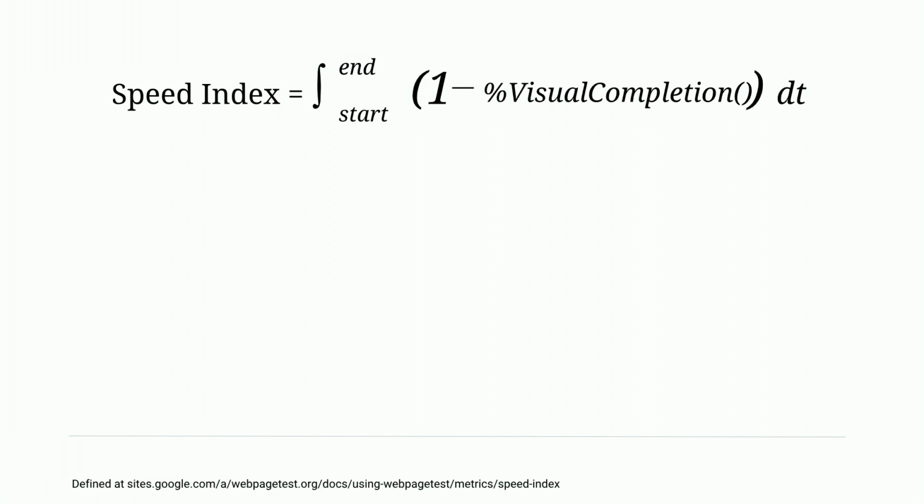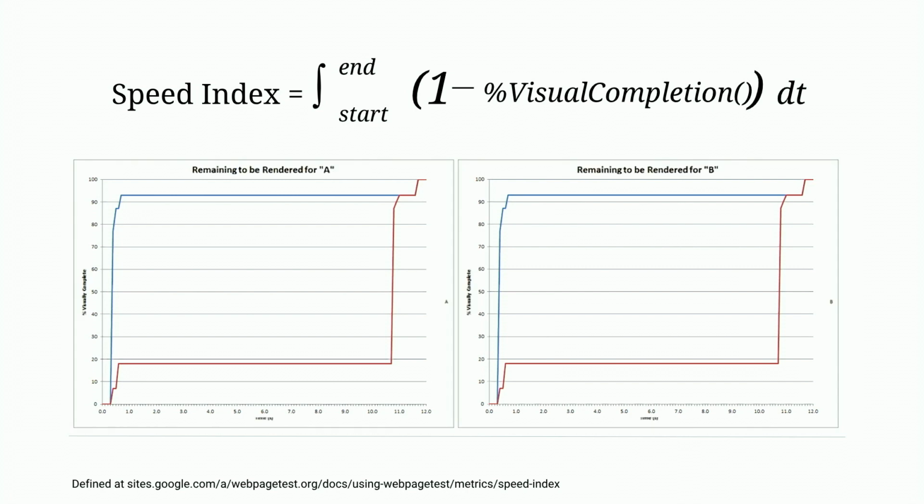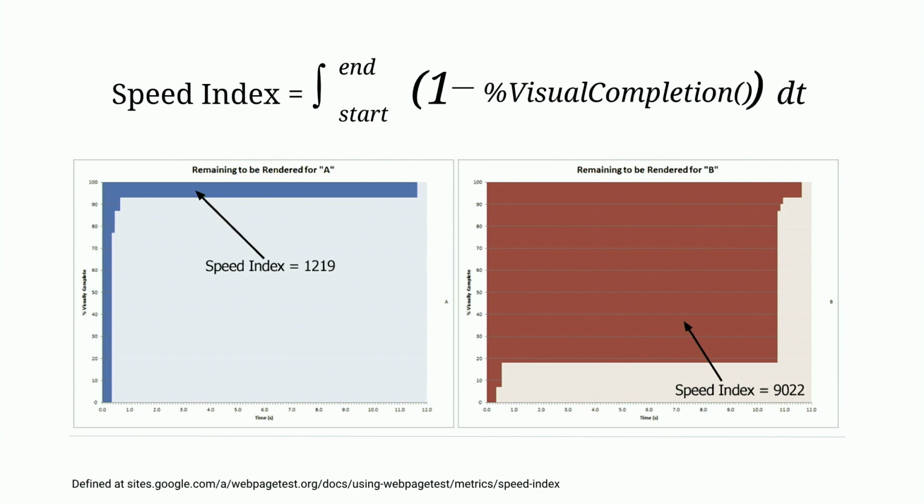This looks daunting, but it's actually not. It's just an integral, and we're looking at the area above the curve. All right, check this out. If we take these curves, color in the area above them, and then take all that area and sum it up, that's it. That's speed index. So a small amount of area above the curve means a low number, and that's good.